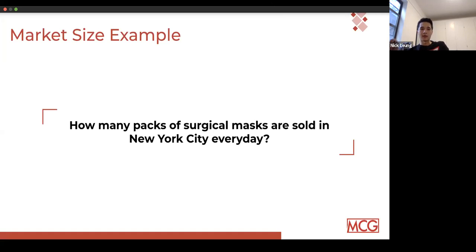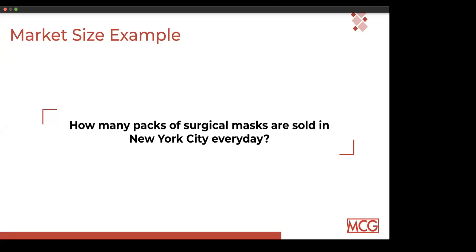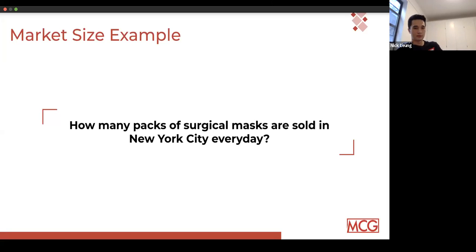Cool. So we now have the number of people who wear surgical masks in New York City. Where would we go from here? How long one pack of surgical masks lasts? Yeah, perfect. How long one surgical mask lasts.